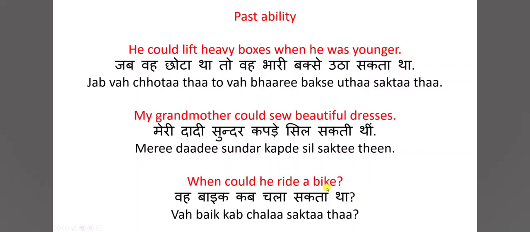Okay. वह बाइक कब चला सकता था? वह is he, bike is bike, कब is when, चला is ride, सकता था is could. Okay, and both the words are selected according to he.